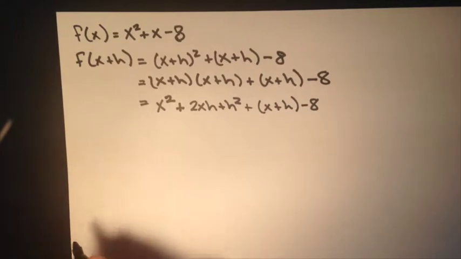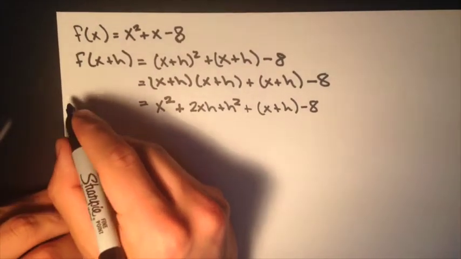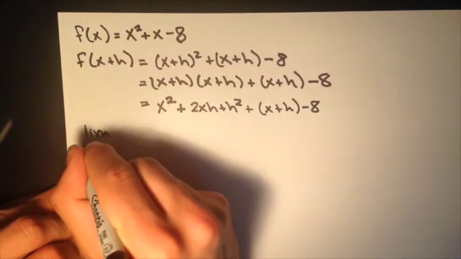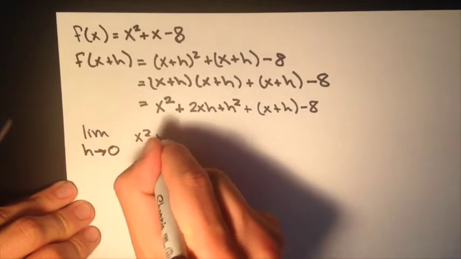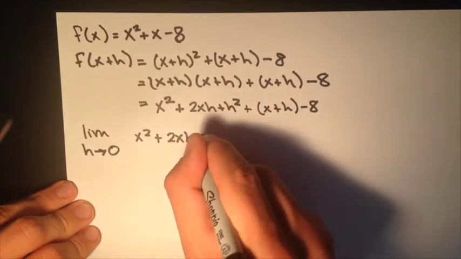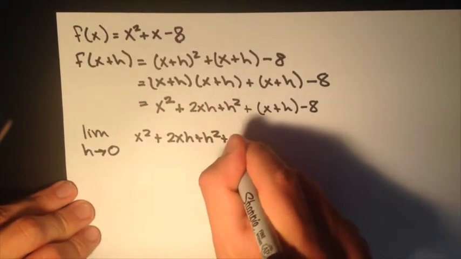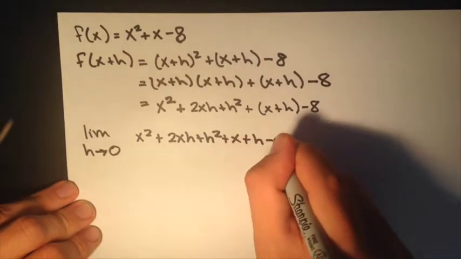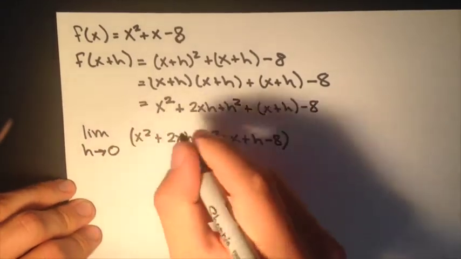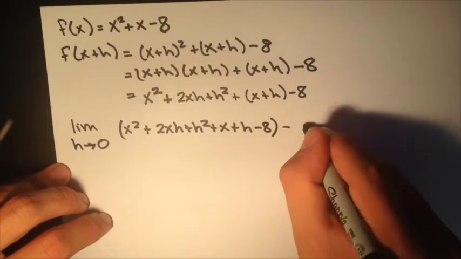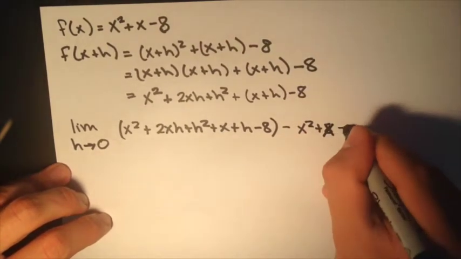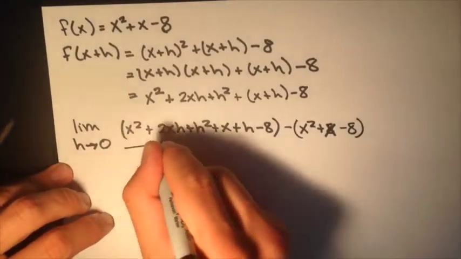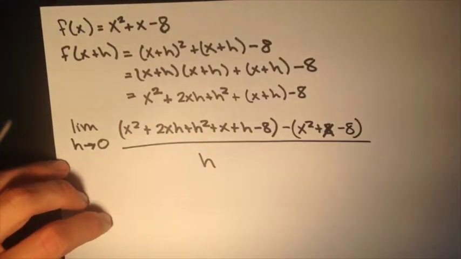So now I'm going to fill in the definition of a derivative. So we have the limit as h approaches 0 of x squared plus 2xh plus h squared plus x plus h minus 8. Then we subtract the original function, which is x squared plus x minus 8, all over h.